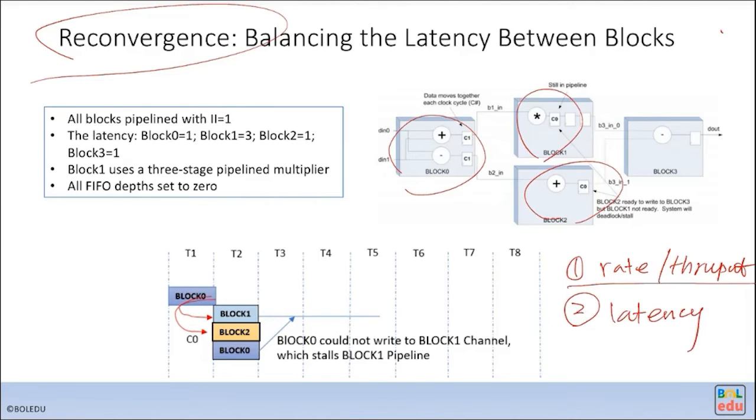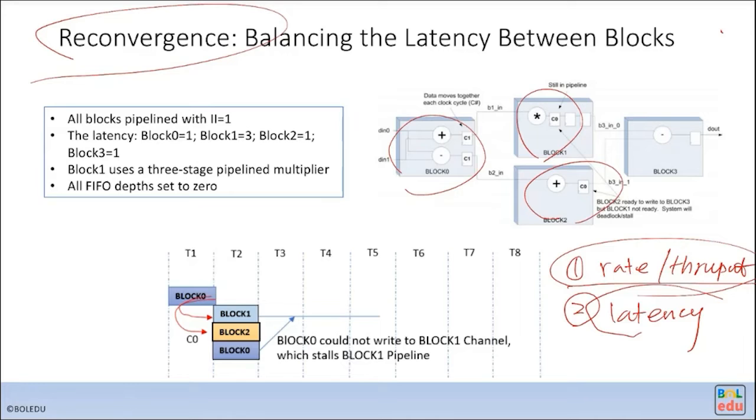For the rate or throughput in a data flow, the slowest throughput is always the bottleneck, so you want to balance each stage of the data flow to make sure you get a consistent throughput. If for a certain stage you can only do II equal 2, there's no reason to push other modules to II 1, because eventually the whole system gives you throughput of II 2. So you want to try to balance it.